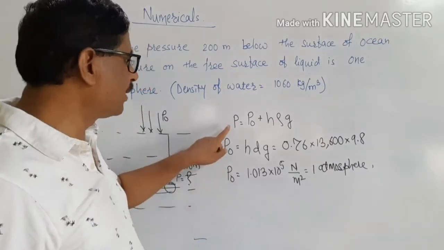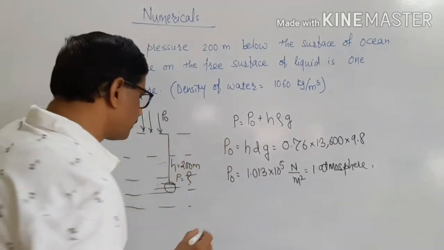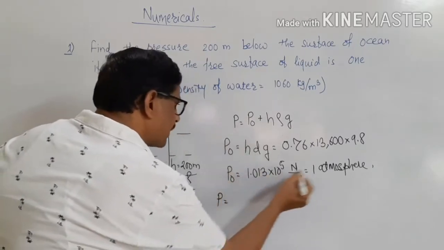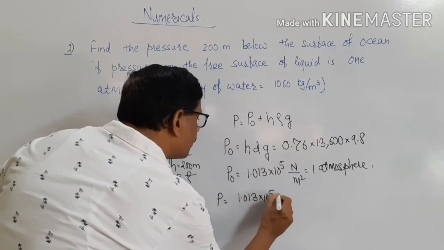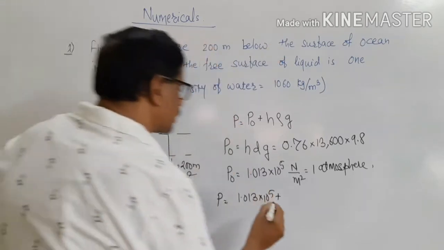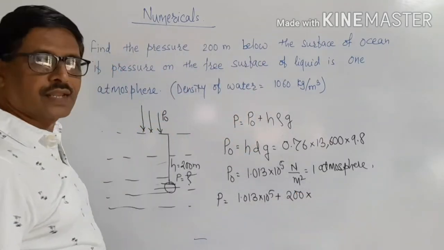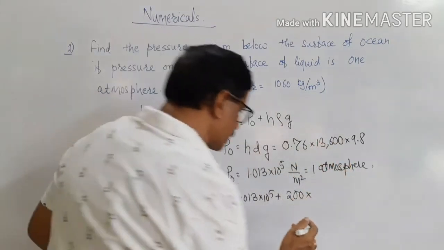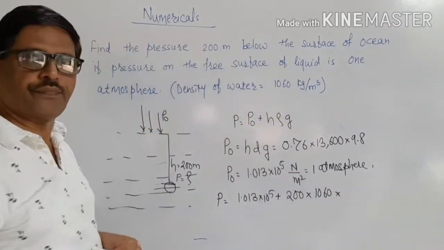Now I have to find out the pressure at a depth h. The total pressure is equal to, I should write this as atmospheric pressure, just what we have determined. It's 1.013 into 10 to the power of 5 plus the depth below the surface of ocean is 200 meter, therefore I should write it as 200. Then the density of a liquid, obviously liquid in the ocean is the ocean water, which has a density of 1060.